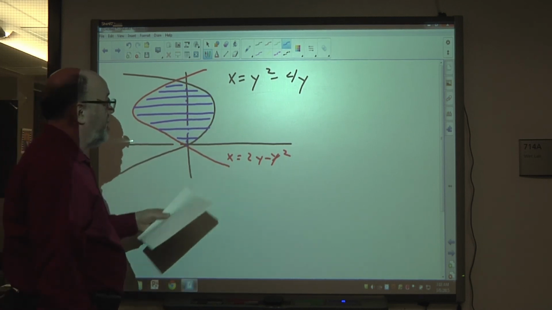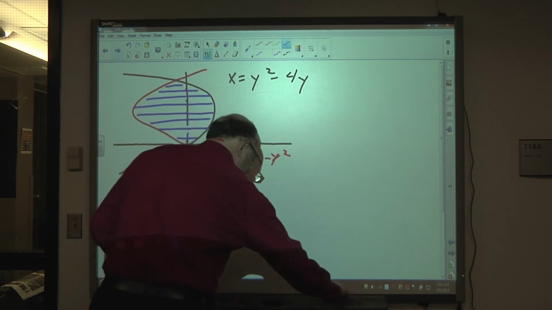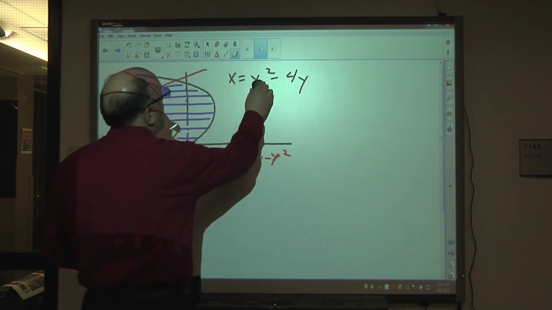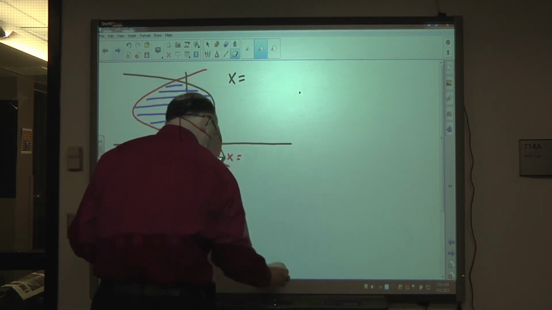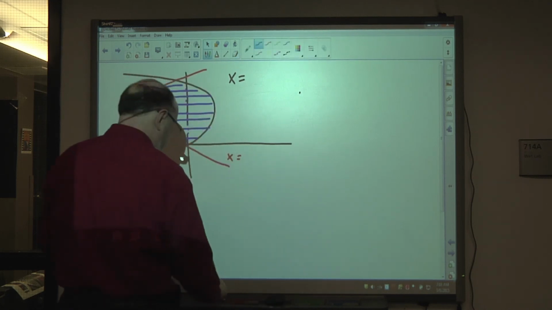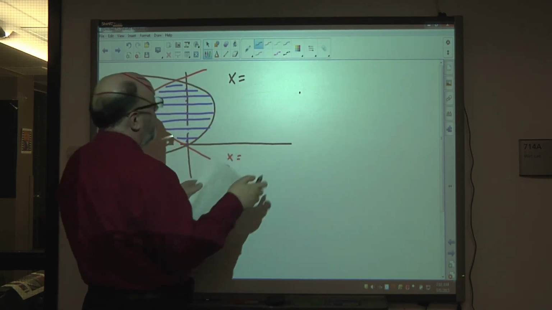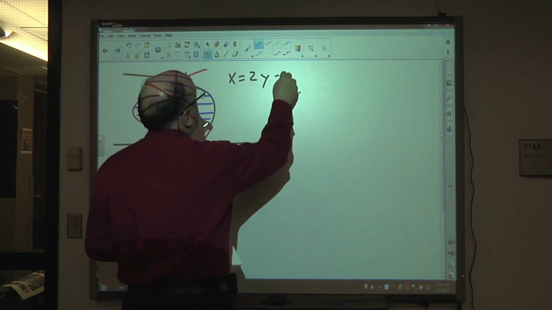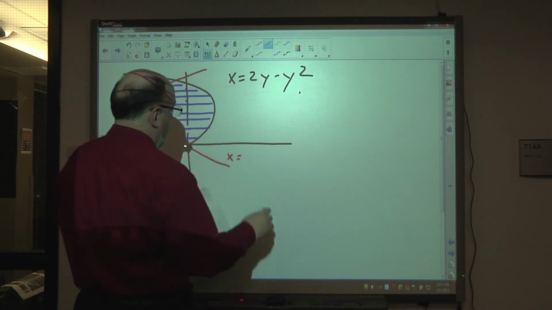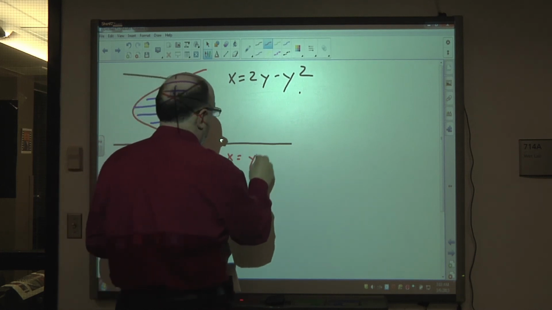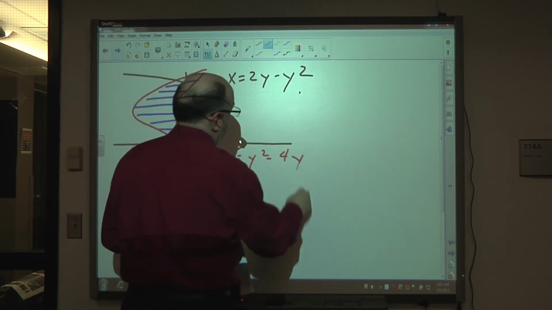And I think I do need to make one slight change, and that is I put the equations here backwards, because it'll make a difference when I do my integrals. So I want to get those right. So this will be 2y minus y squared, and then this one would have been y squared minus 4y, okay?